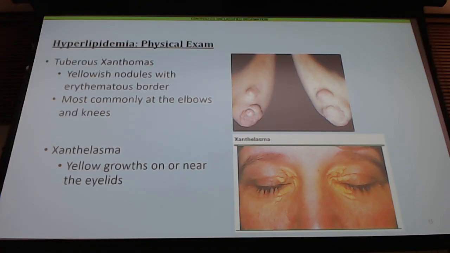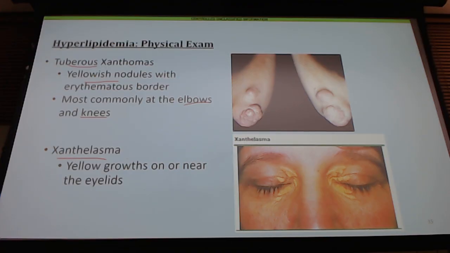Tuberous xanthomas are yellowish. Don't confuse these with other conditions that cause a plaquey kind of formation, like psoriasis. You'll see these yellowish nodules, again firm, but these will be common on the elbows and the knees. So those are all your xanthomas.